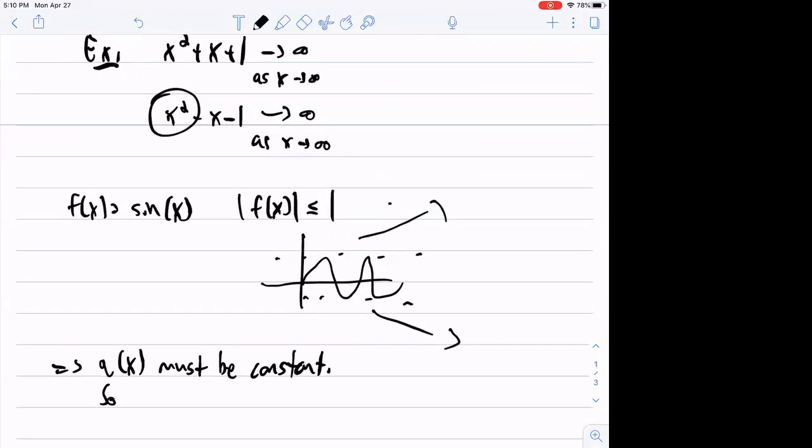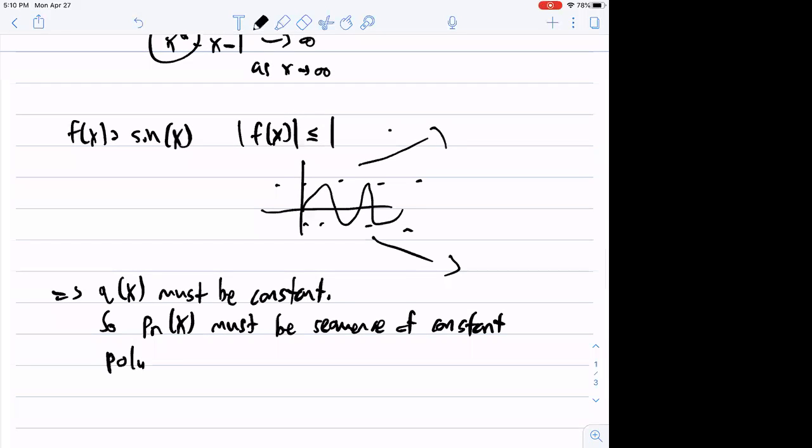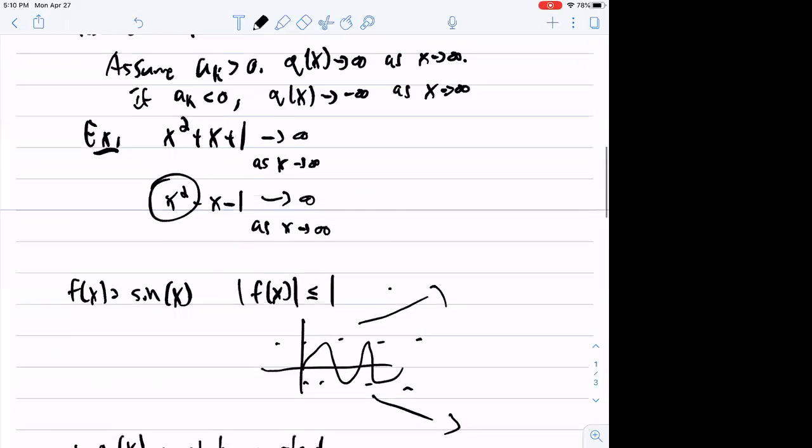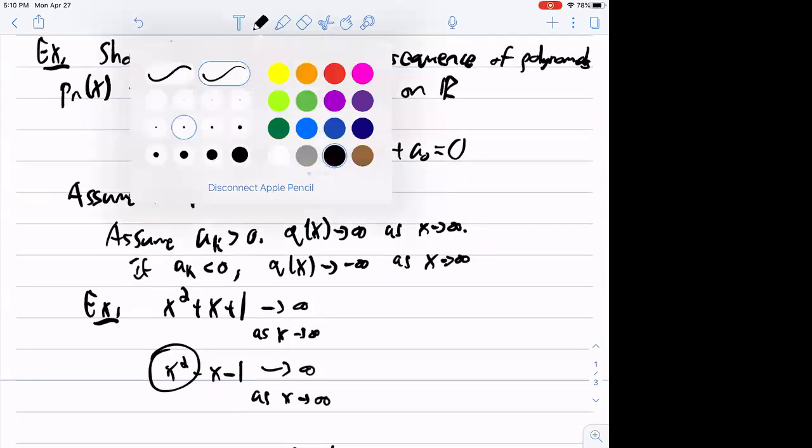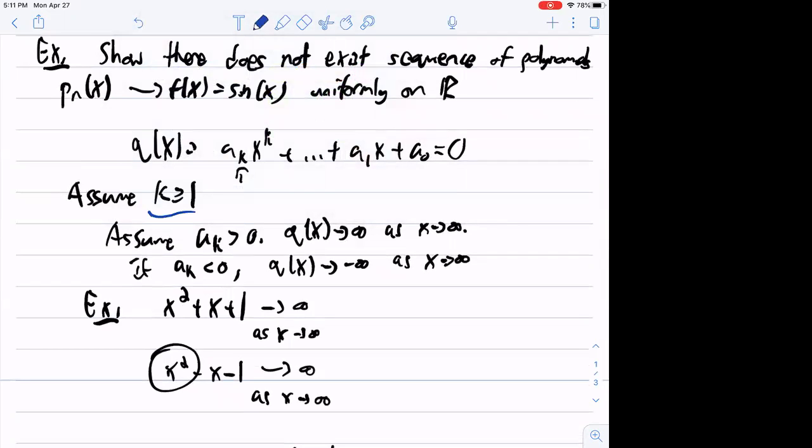So p_n of x must be a sequence of constant polynomials. Because if they were not, once you have a linear term, like here I assumed that k was bigger than or equal to 1, so I'm assuming it's at least degree 1, once you're degree 1, you're going to go off to either infinity or negative infinity when x goes to infinity.